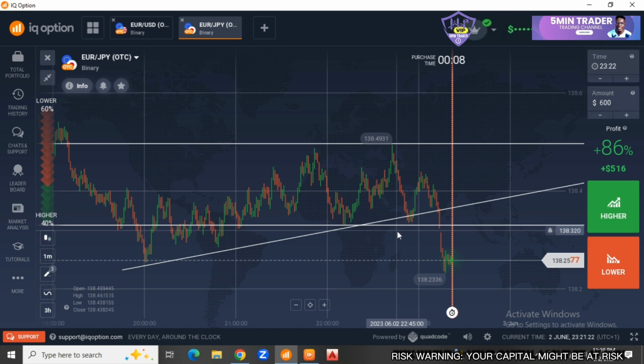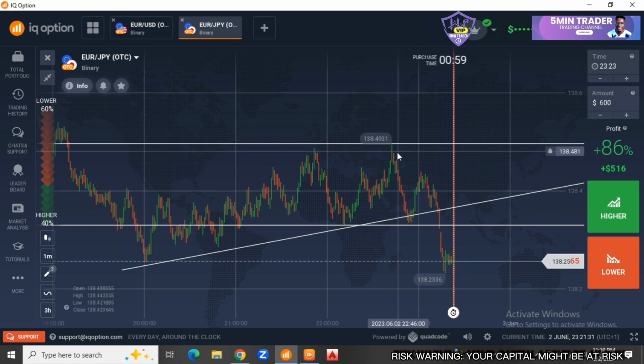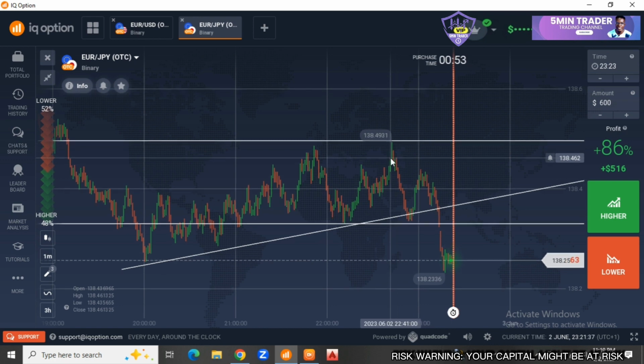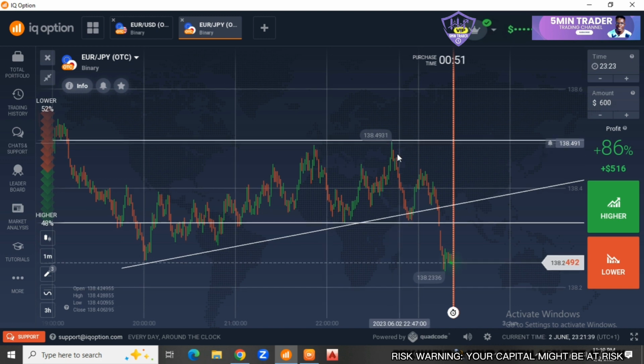Another thing I noticed was the market was moving, and what I can find out to know that the momentum is slowing down is if the market is refusing to make higher highs, because that is the only way we can know that the market is losing its momentum.